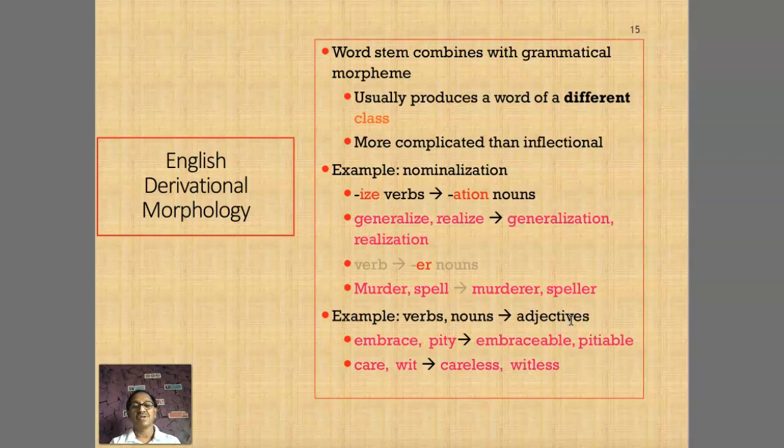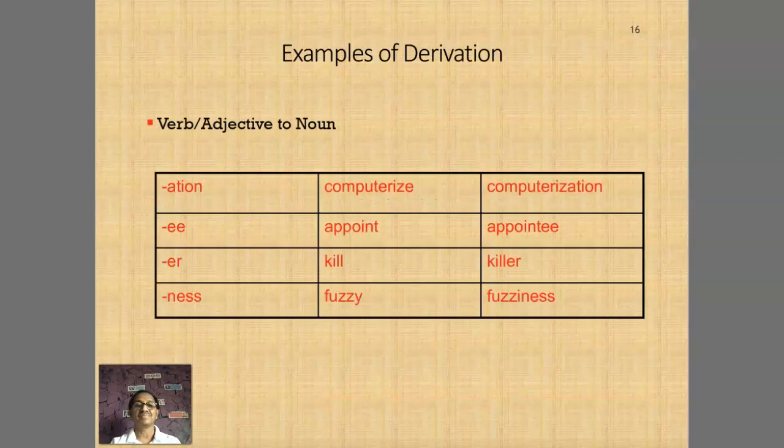It forms adjectives. What does it form adjectives from? It forms them from nouns or from verbs. It's not very systematic, you see. So here again you have care, a verb, and wit, a noun, giving careless and witless. Okay, less is an adjectival suffix.